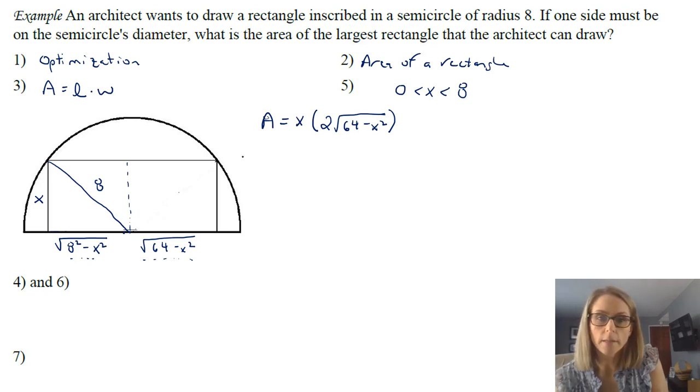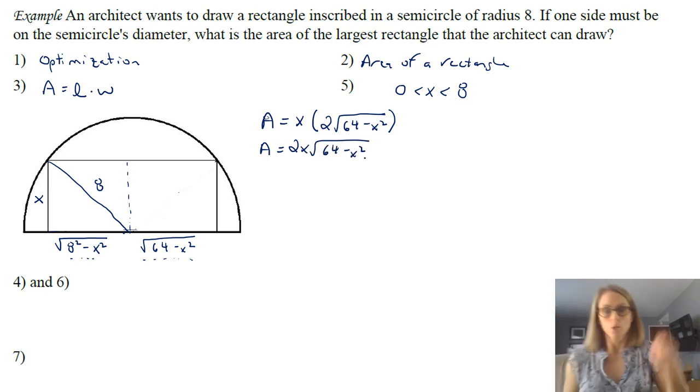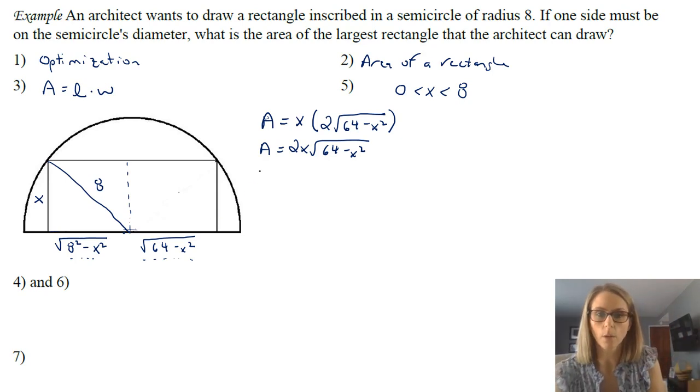And so now that we have this, I can, if I want, write it as 2x square root of 64 minus x squared. Now I need to take its derivative because I need to maximize or minimize, thinking about local mins and local maxes. That comes from when the derivative is 0. So I'm going to use the product rule here. I'll look at it like this is one piece and this is my second piece on the product rule.